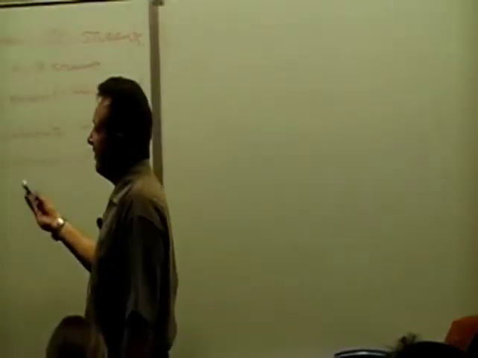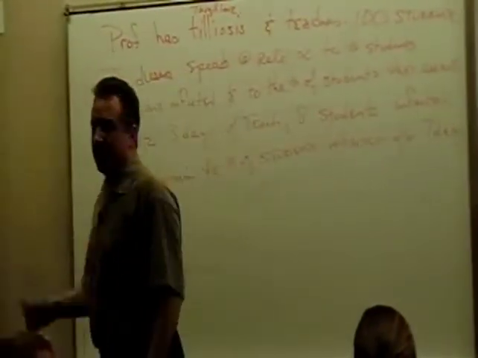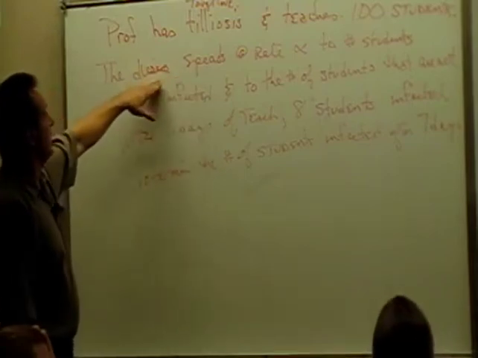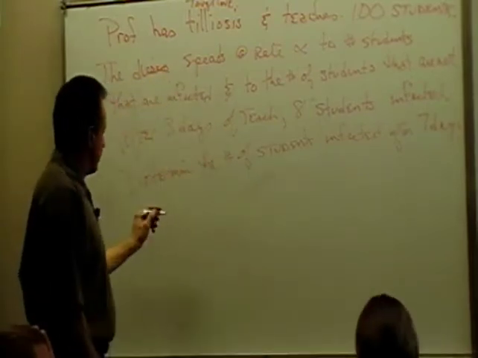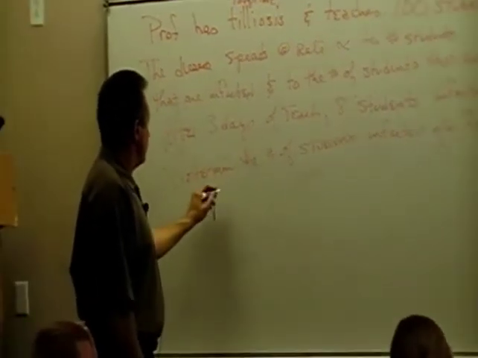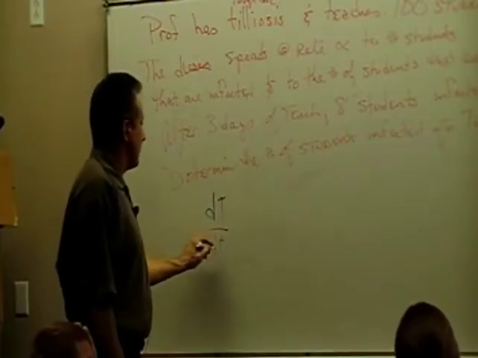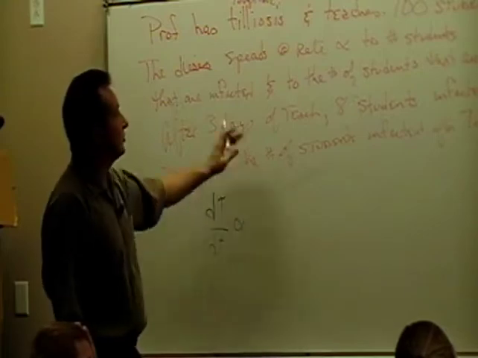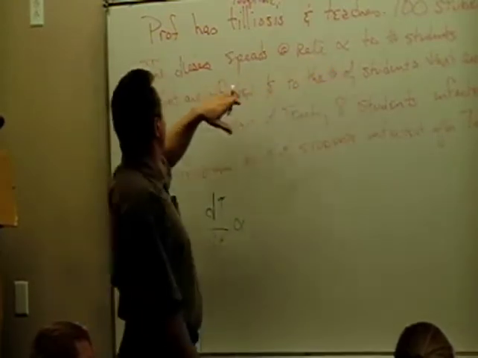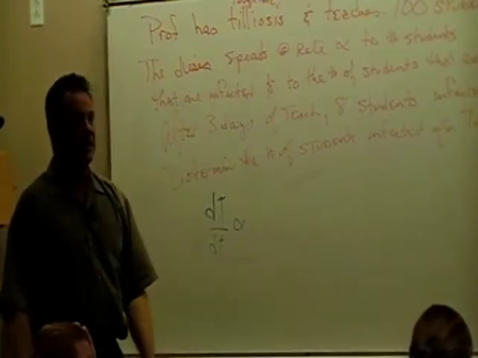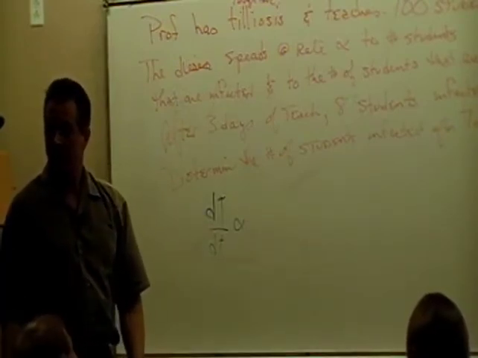Now when you have a case where you have a rate of change of the disease, the rate that the disease spreads, which is the change in T for tiliosis with respect to time, proportional to the number of students that are infected and to the number of students that are not, it's a perfect case for a logistic problem.